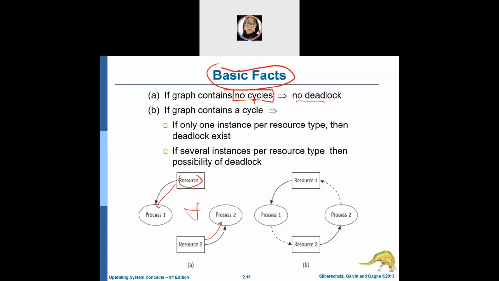Another basic fact here: if the graph contains a cycle, so you can see here at B, if there is only one instance per resource type. So you can see, last time, if in this resource you have only one, similar also with this resource, then deadlock exists.